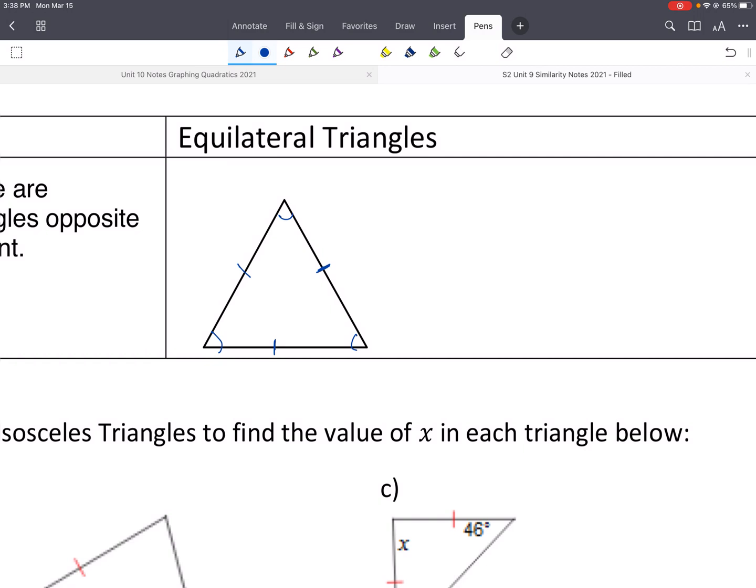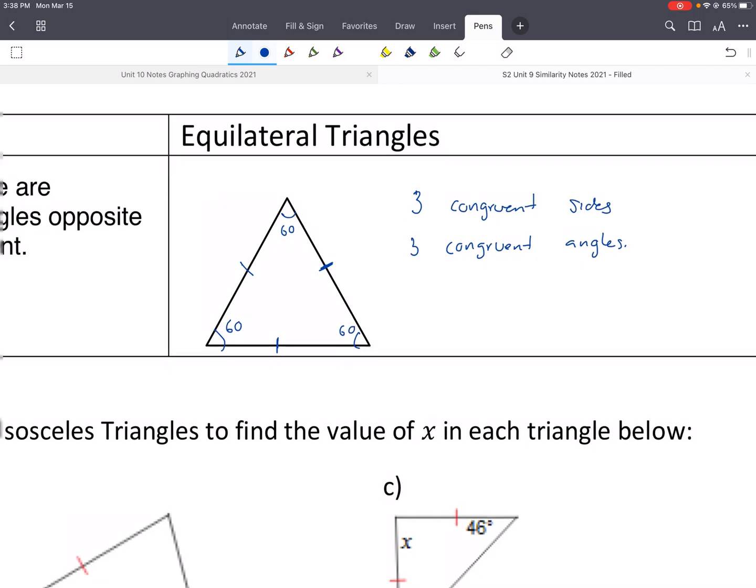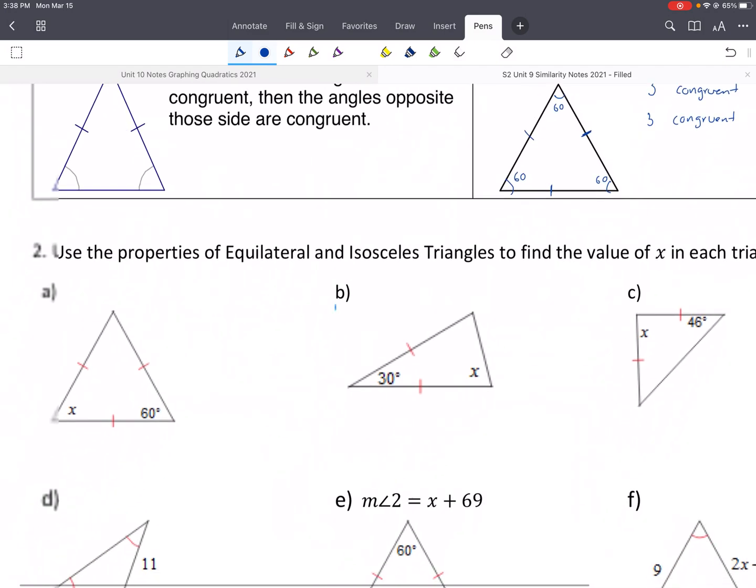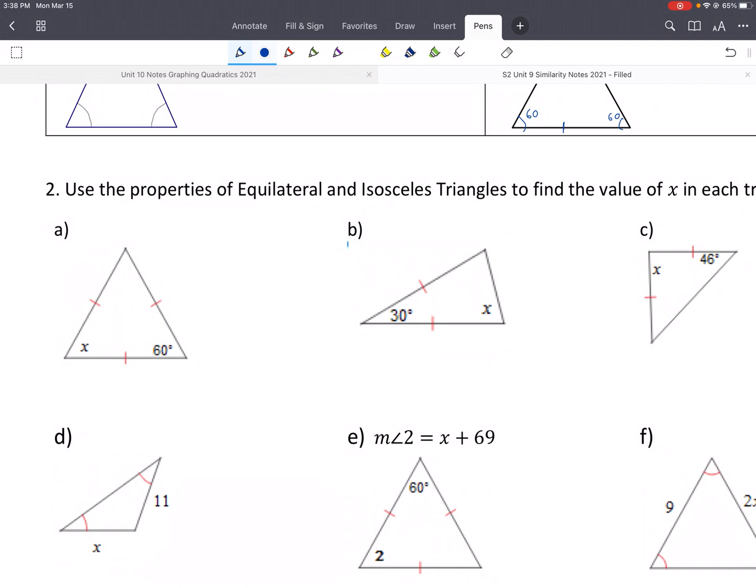If we have an equilateral triangle, then we have three congruent sides and three congruent angles. All right, and these angles, since they have to add up to 180 degrees, these have each all got to be 60 degrees.